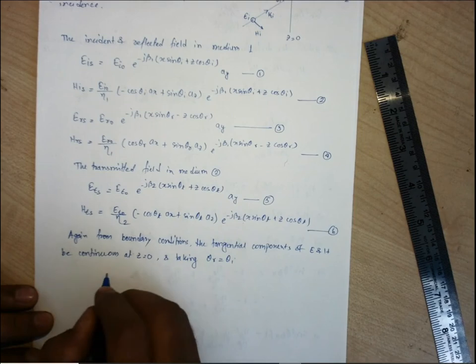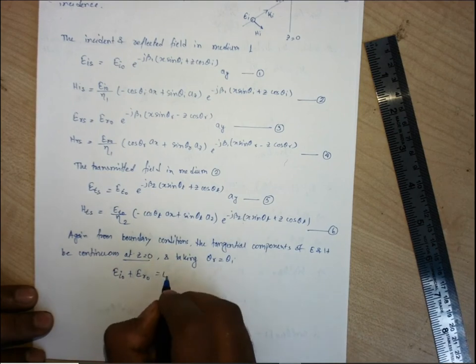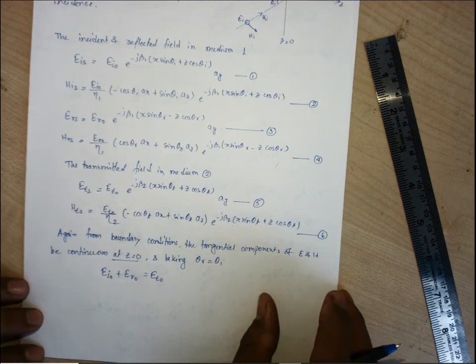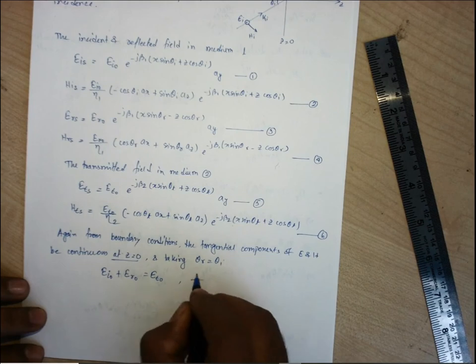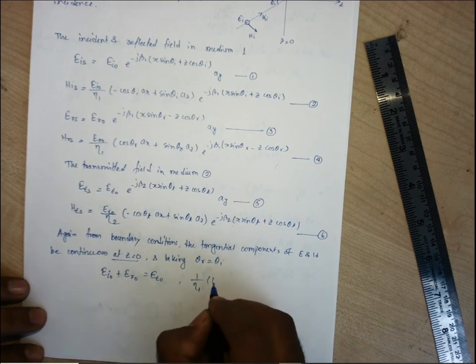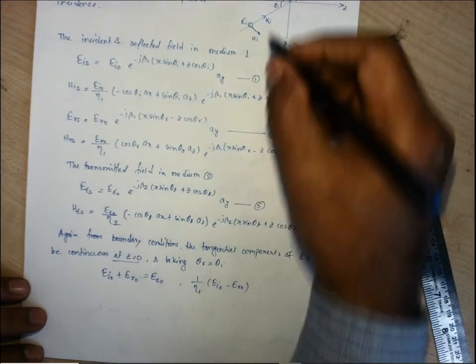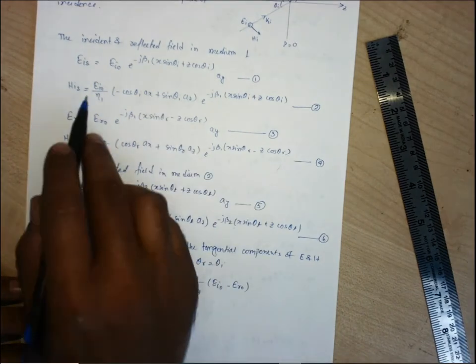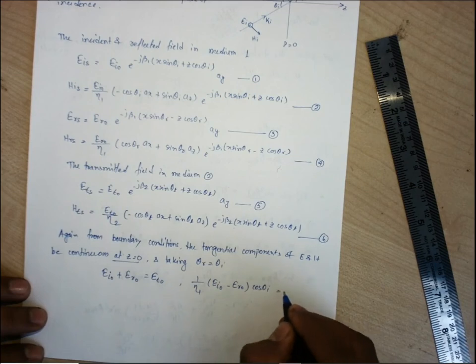So at z equals 0, we can write: EI0 plus ER0 is equal to the transmitted ET0. Same for the magnetic field, the tangential component. We need to consider the ax component for the magnetic field, that is cos theta I.